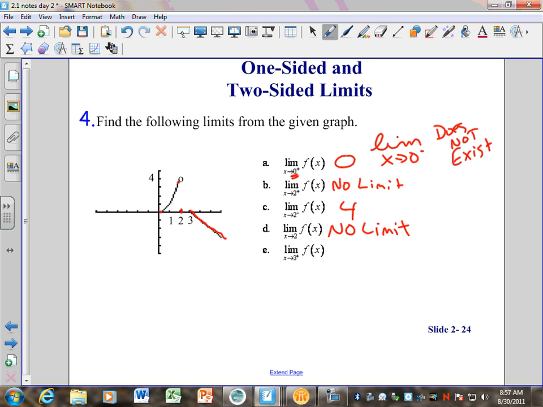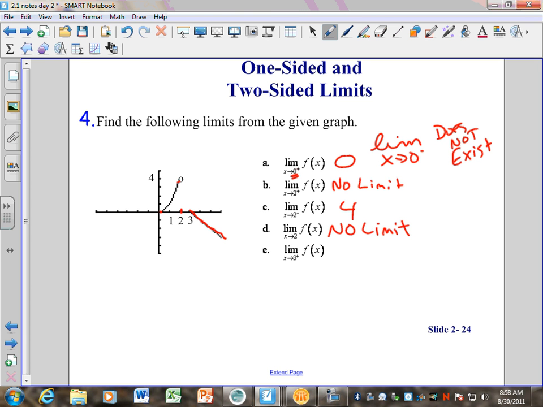Final limit: as x approaches 3 coming from the right. Coming from the right means to the right of 3.